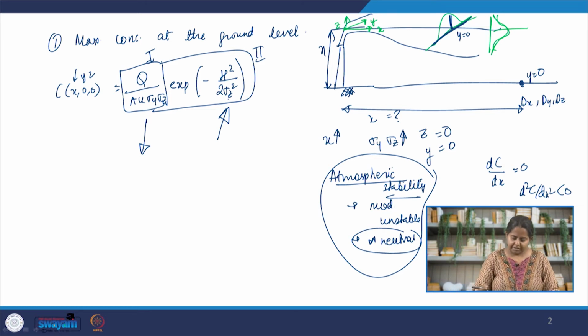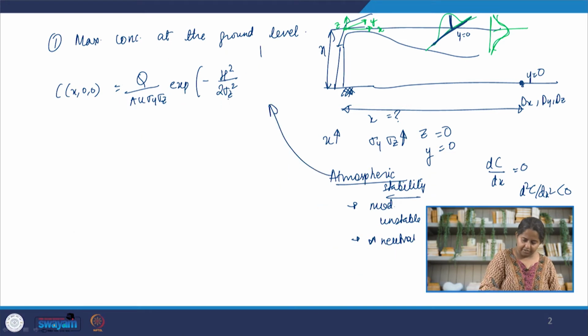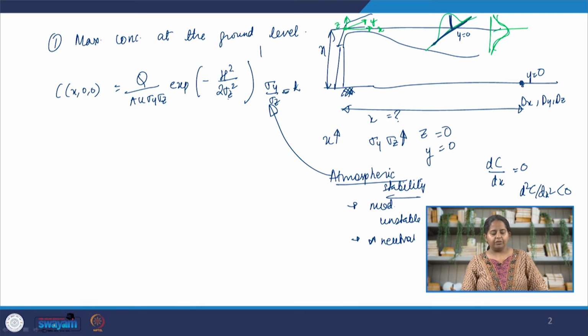So the ratio, let's say, sigma y to sigma z is equal to k. Let me write it up so that we keep this as a record. So under these scenarios, sigma y by sigma z is equal to some constant k. And we are going to replace sigma y with k here.